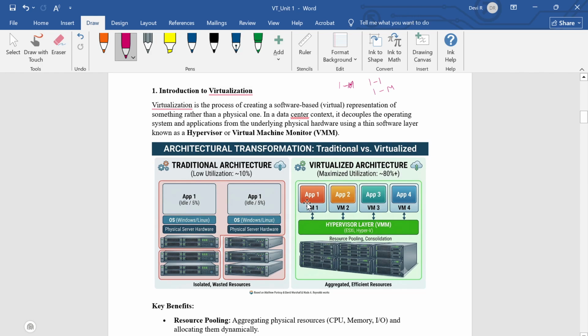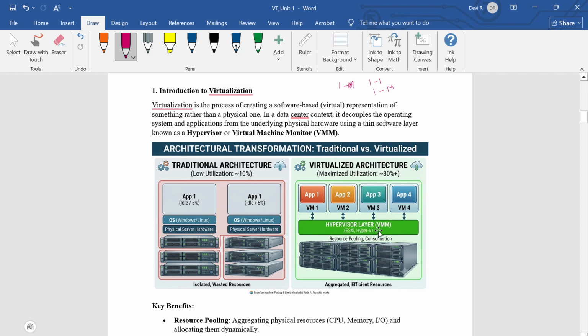We cannot predict which VM is allocated to which portion of that machine. That cannot be explicitly visible, but it is done in the software configuration. Right. So this is the physical hardware which is available.